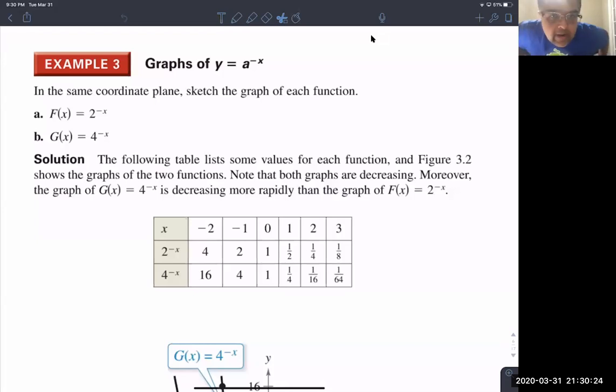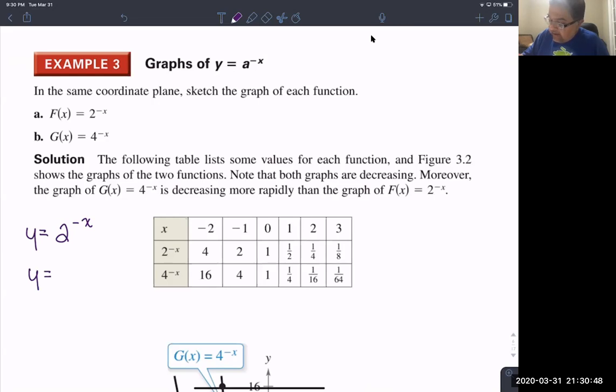Okay, so what happens if my exponent is negative, like in this case, y equals a to the -x? Well, remember, when we have a negative exponent, how do we make the negative exponent positive? We take the base and do the reciprocal. So the reciprocal of 2 is 1/2.